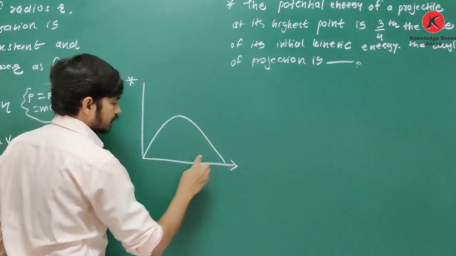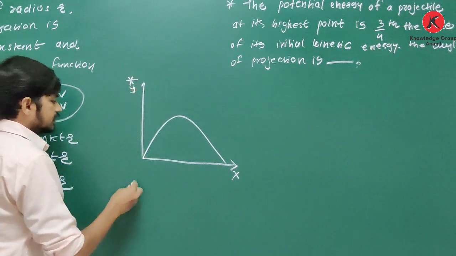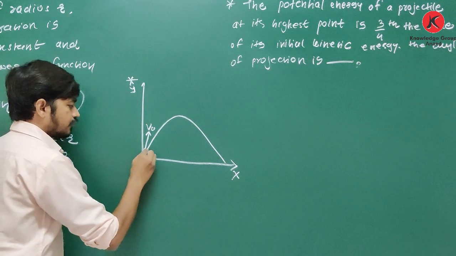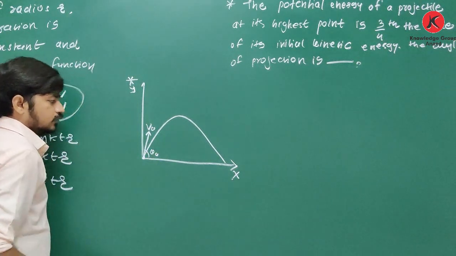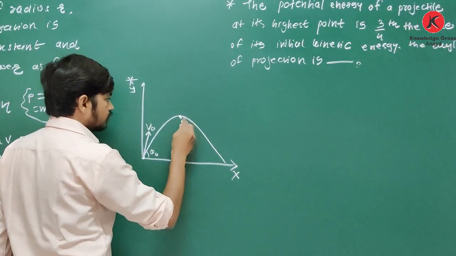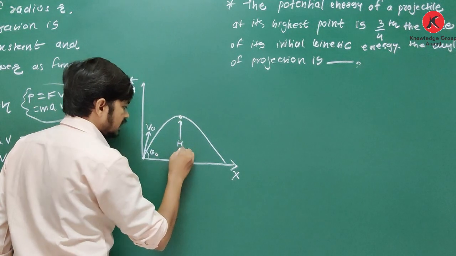It is the x-axis, it is the y-axis. At this point, it is thrown with initial speed v0 at angle theta. Clear about this? It is the point of maximum height. So we can say this height is h.